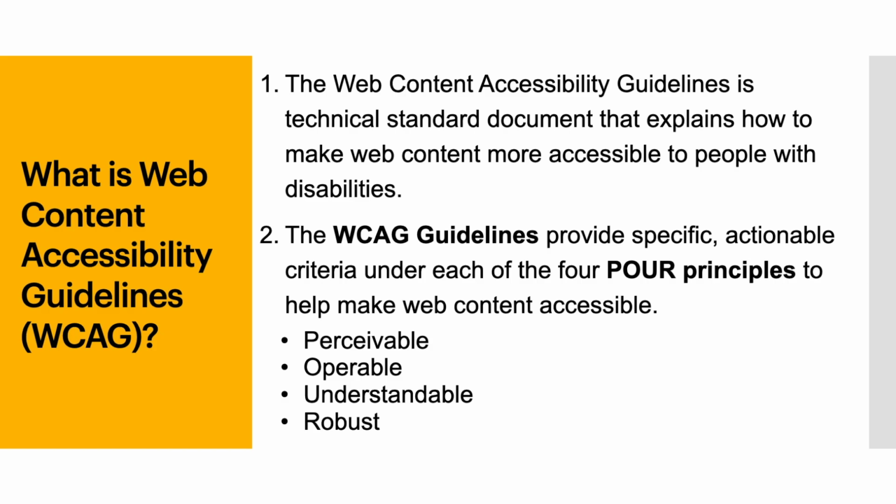Content should be readable and predictable and easy to comprehend. Clear instructions, consistent navigation on the pages, and input assistance contribute to better usability, for example. And the fourth point is robust. Content must be compatible with various technologies, including assistive technologies like screen readers.